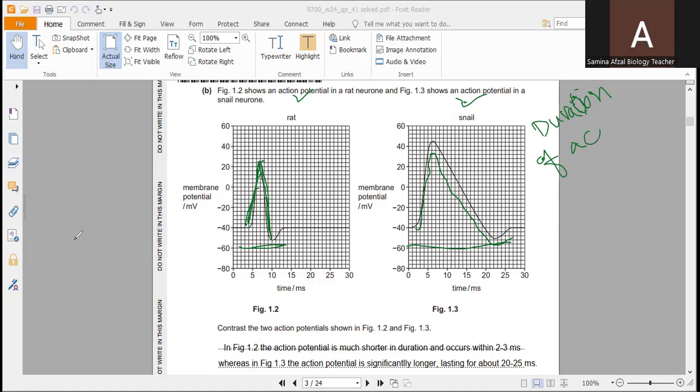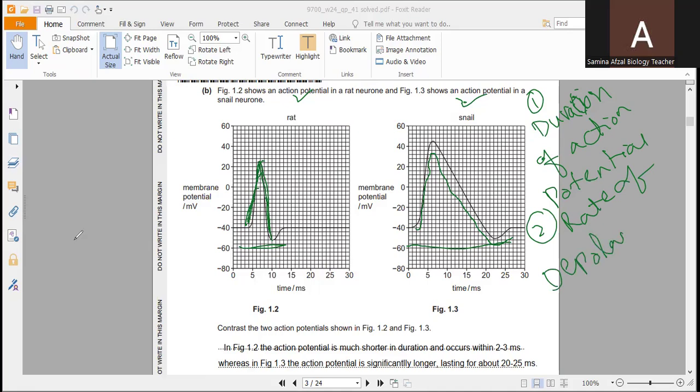Secondly, we have discussed the rate of depolarization and repolarization. And the third one is the shape of action potential.